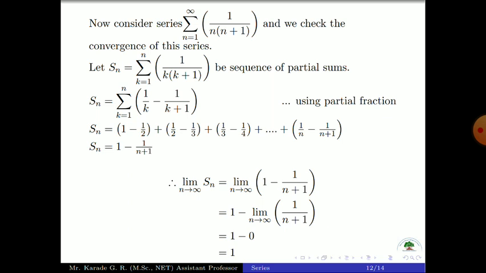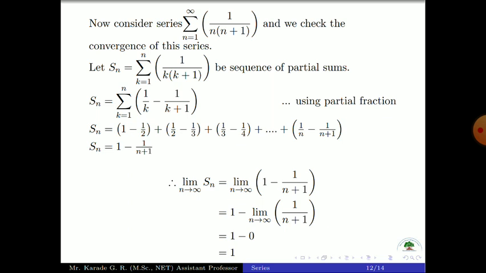So finally we get 1. So the limit of Sn is equal to 1. Okay, so finally we can say that the sequence of partial sums Sn converges to 1, that is, the series 1 upon n into bracket n plus 1 converges to 1.